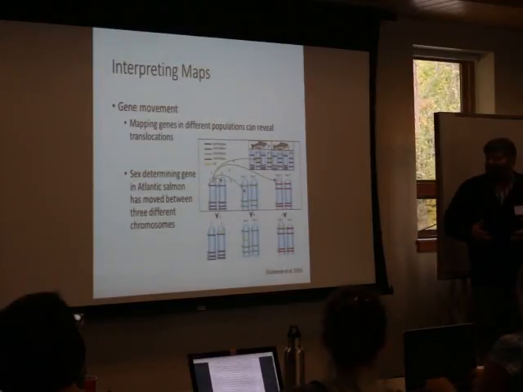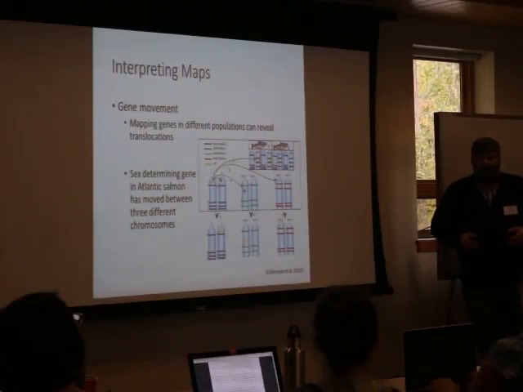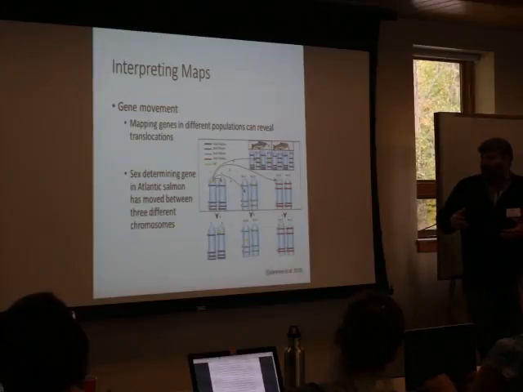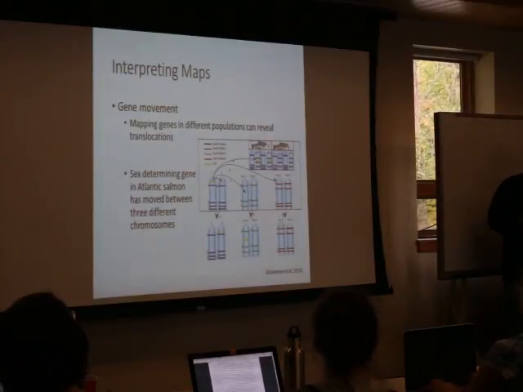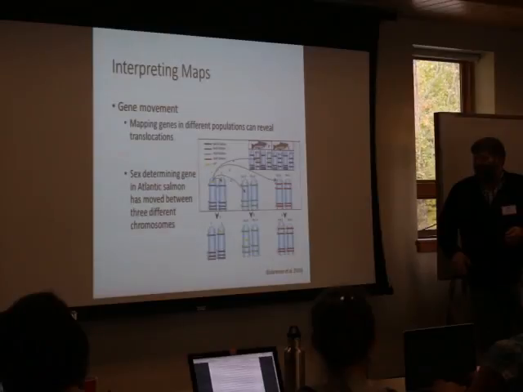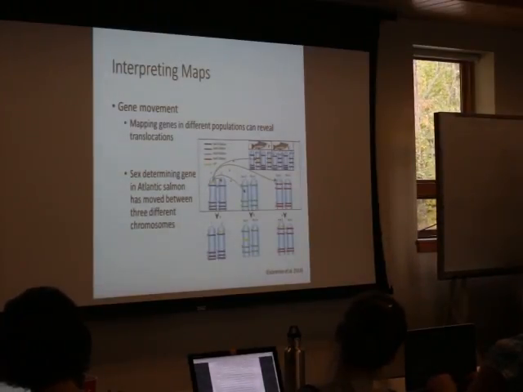But in this case, the sex-determining gene in Atlantic salmon has actually moved around between different populations. By comparing different populations, they were able to find that the sex-determining gene has moved across 3 different chromosomes across the species range. So if you see something like this, you really want to be sure about it before publishing it. And they did a lot of work to verify that that was a real result.